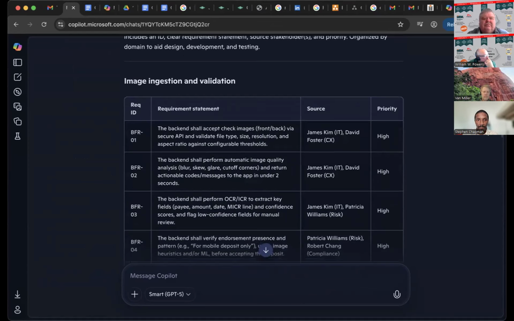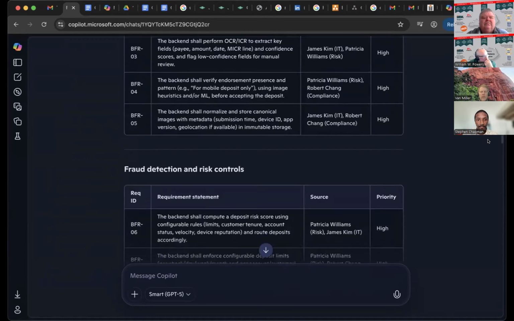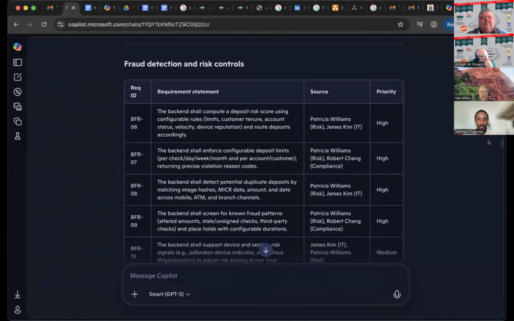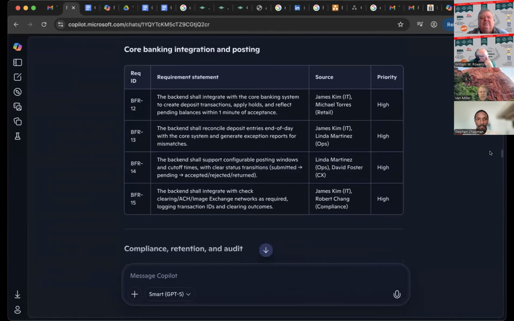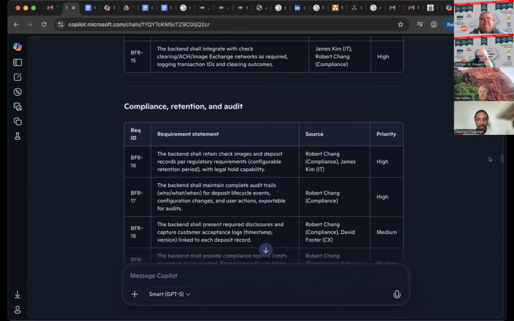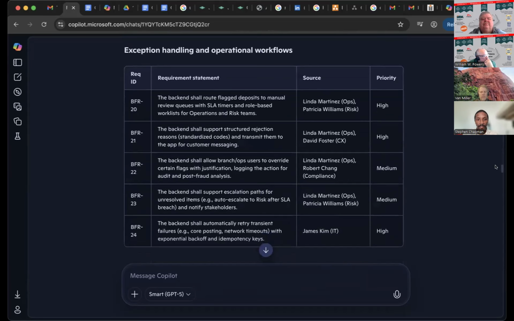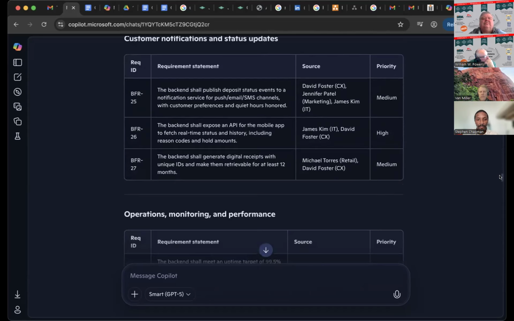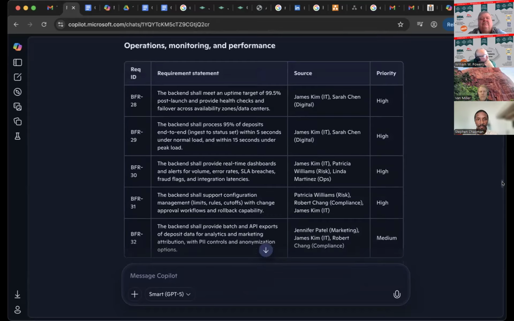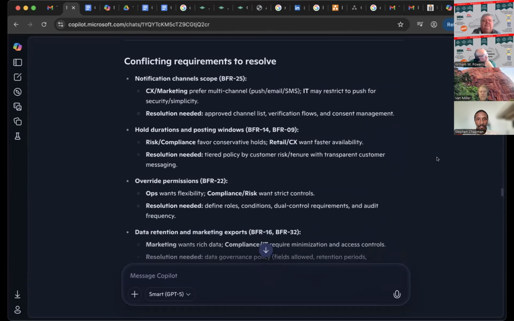Yeah, so I broke it down by image ingestion and validation, fraud detection and risk controls, core banking integration and posting, compliance, retention, and audit, handling operational workflows, customer status updates, operations, monitoring, and performance. And at the bottom, it has conflicting requirements to resolve.